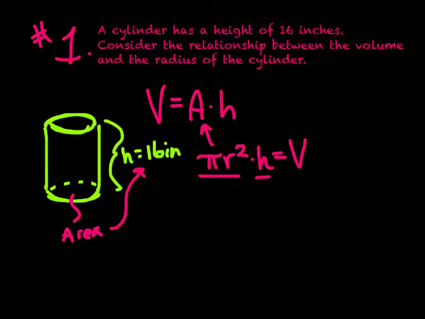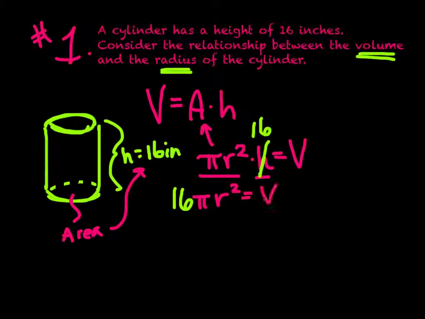So let's write a little bit of an equation. We don't know what the radius is, and that's the point. We need to look at how the radius of this cylinder is compared to the volume. One thing we do know is the height, however, so we can write that in as 16. So we can rewrite this equation as saying we have 16 times pi times the radius squared is equal to the volume.